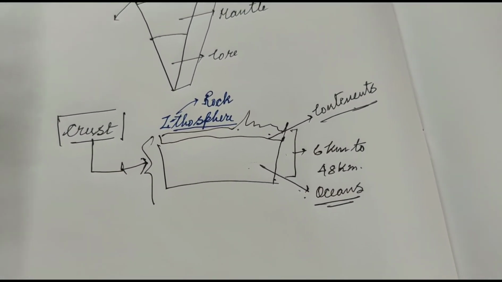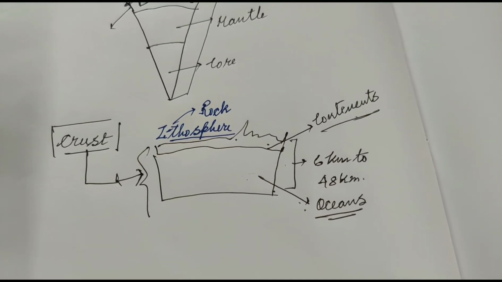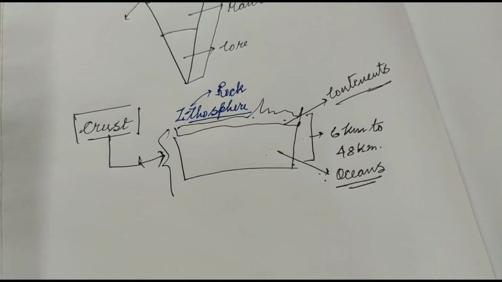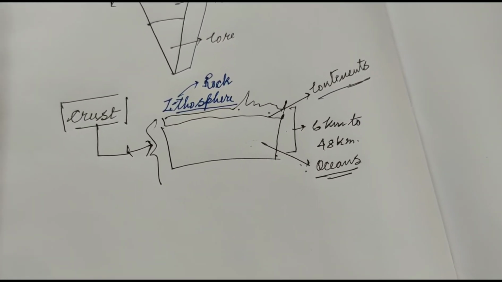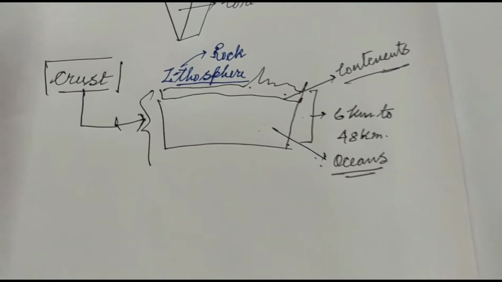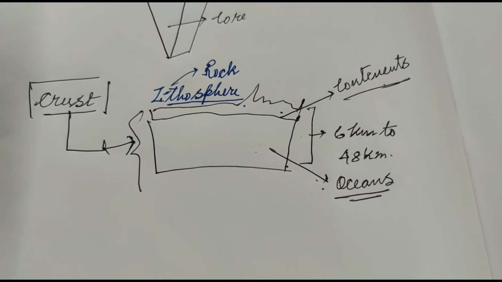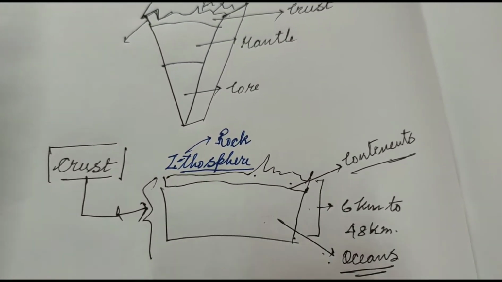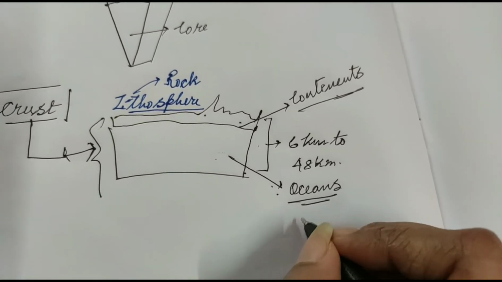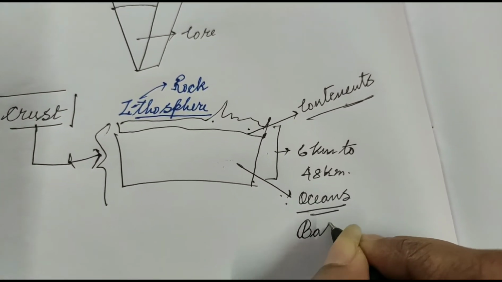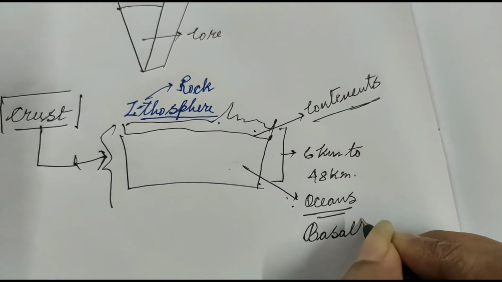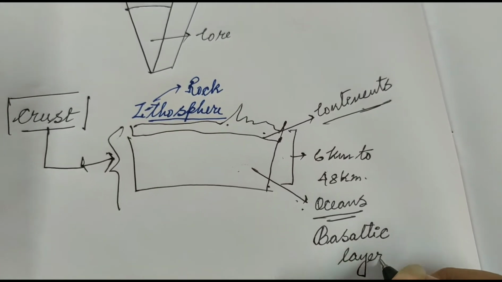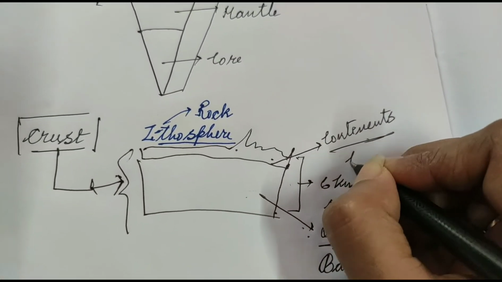So you can understand the continents are floating on the oceans. Now I will explain how they are floating. See that this oceanic part is made up of basaltic rock, or basaltic layer, and this is the granitic layer.